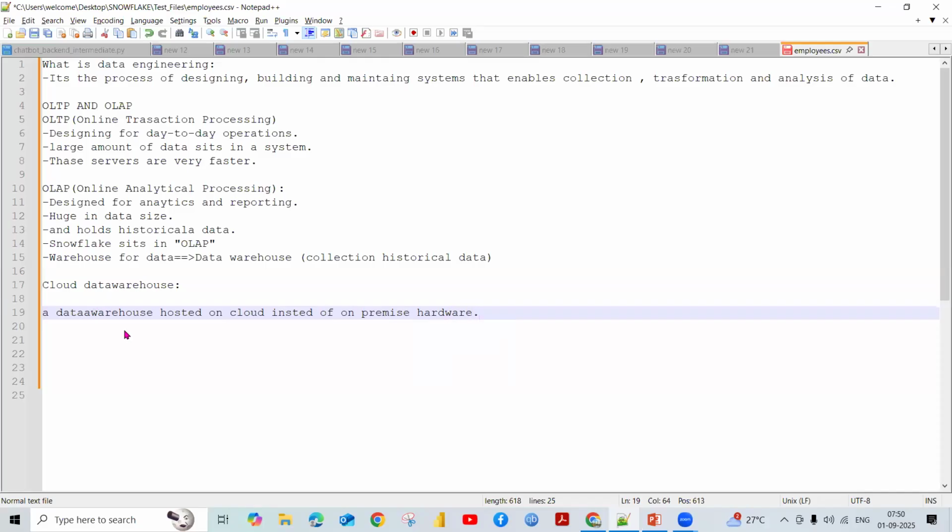So what does it mean? A cloud data warehouse is a collection of data, all your historical data, but hosted on cloud instead of on-premise hardware.